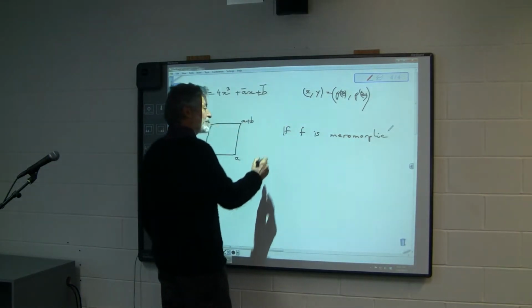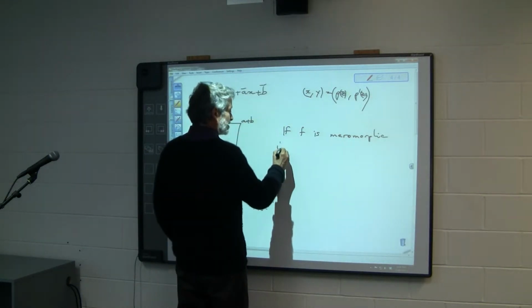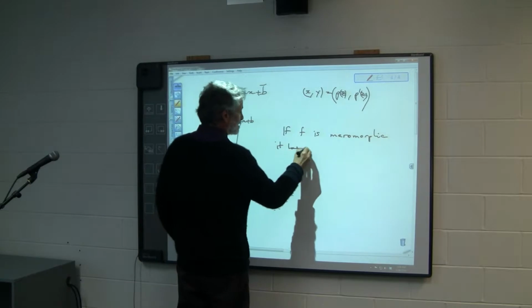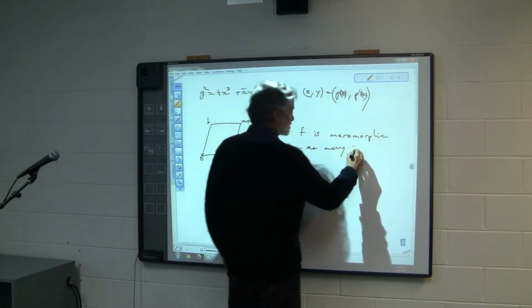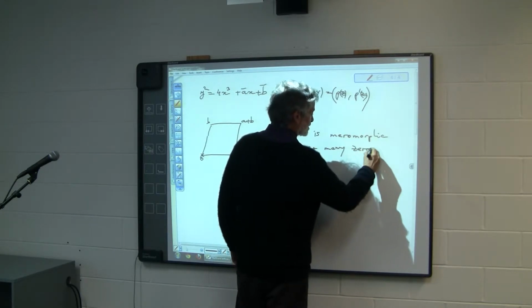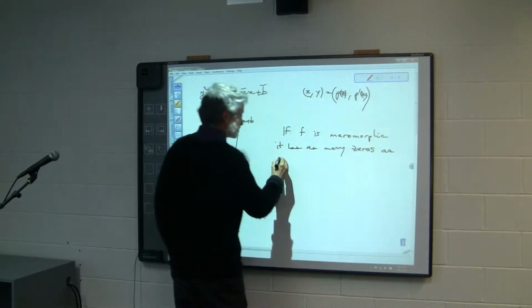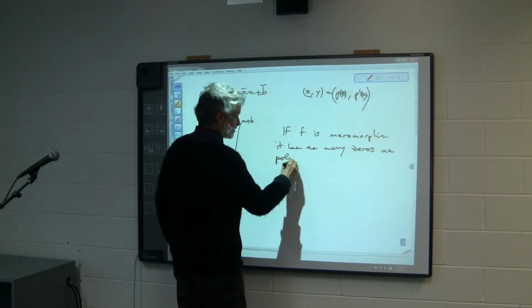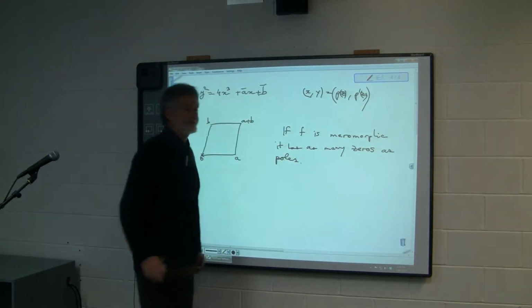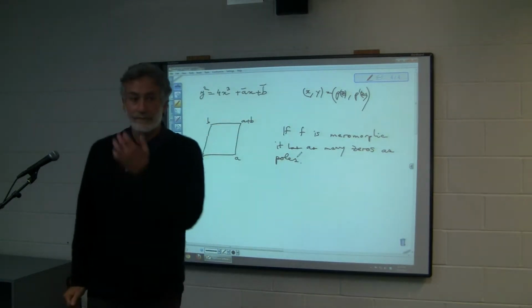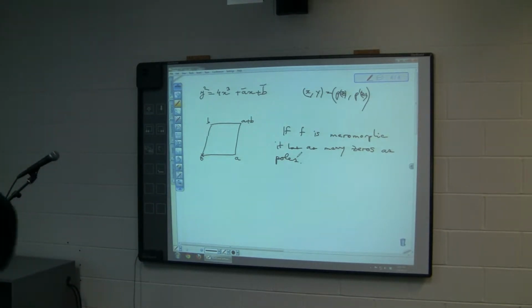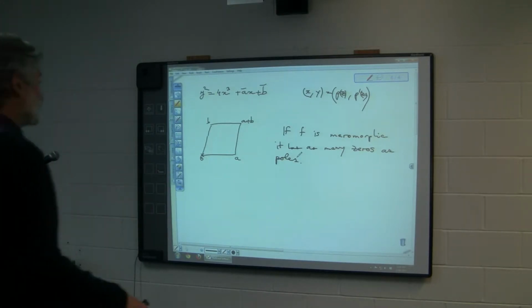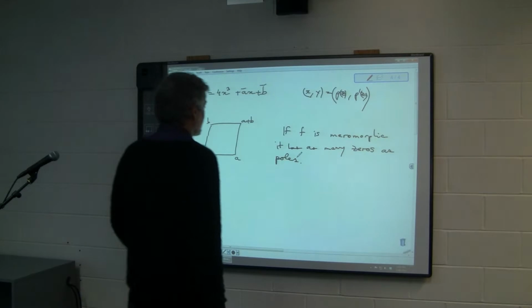then it has as many zeros as poles. So this we proved in general for any compact Riemann surface. The number of zeros and the number of poles have to cancel.